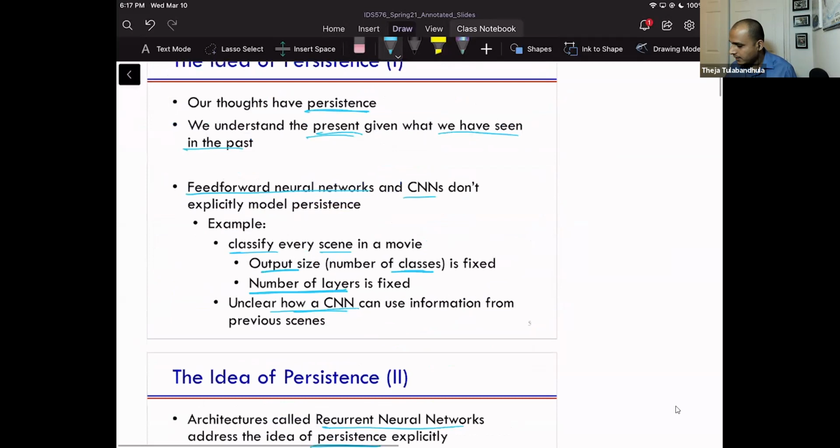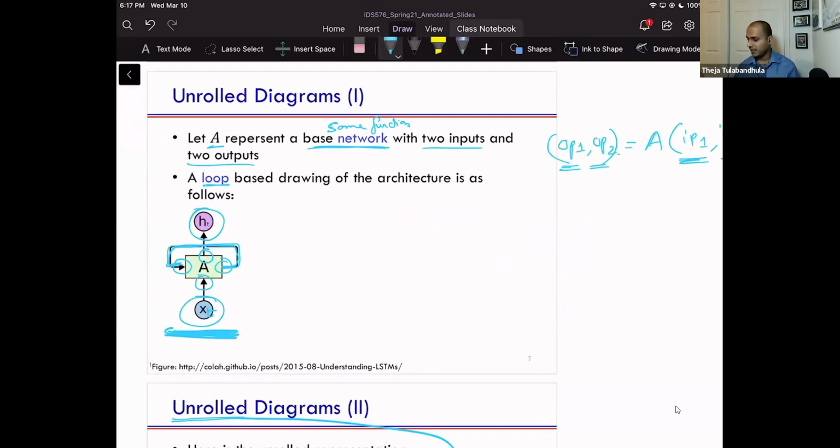I'm just doing a recap, so I'm consciously skipping a couple of slides. So the first idea: in RNN, there's the word recurrent, and neural network is neural networks, as the name suggests. So what is an RNN? Here is a diagram of a simple RNN.